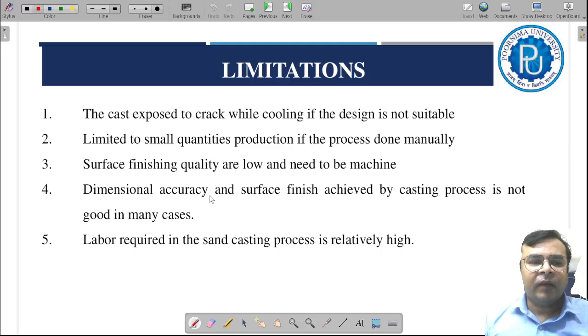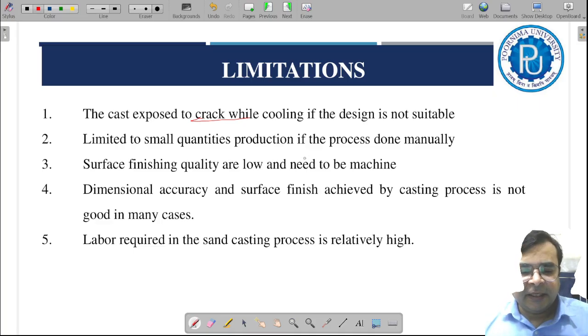Okay, then apart from these advantages, here we have some disadvantages. Sometimes during casting a crack may propagate. So suitable melting parameters and design parameters of the mold cavity are very essential, so that we can produce a crack-free casting.